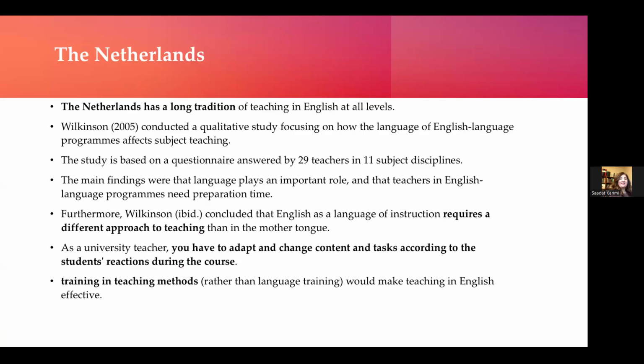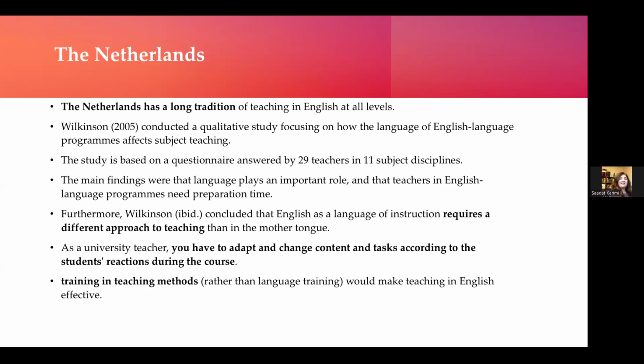The Netherlands have a long tradition of teaching in English at all levels. Wilkinson, for example, in 2005, conducted a qualitative study focusing on how the language of English language programs affects subject teaching.